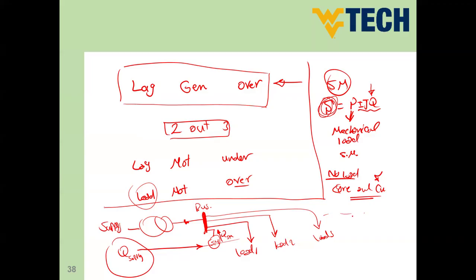Okay, so this is a very interesting thing in the synchronous motor. If you have it working with loads, you can control the power factor to support the reactive power or support the power factor.